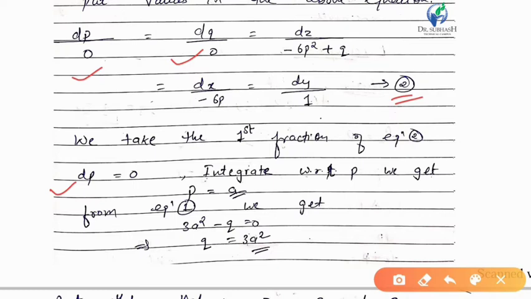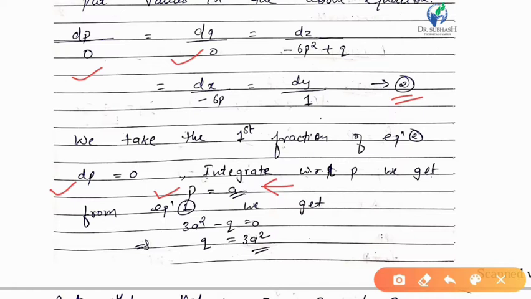So dp upon 0. We have already learned in Lagrange that when the denominator part is 0, we can write dp equal to 0. Now I integrate this with respect to p. So integration of dp will be p, and on the other side I am taking some constant a.